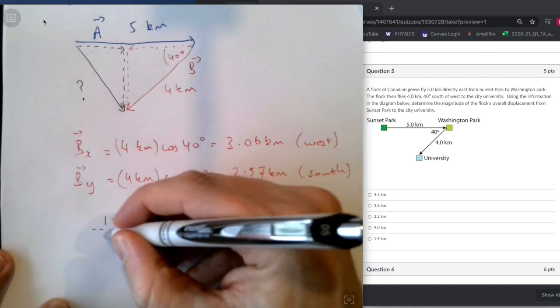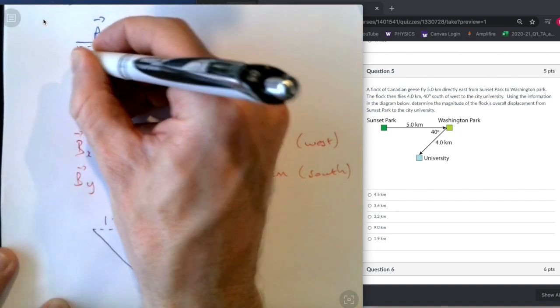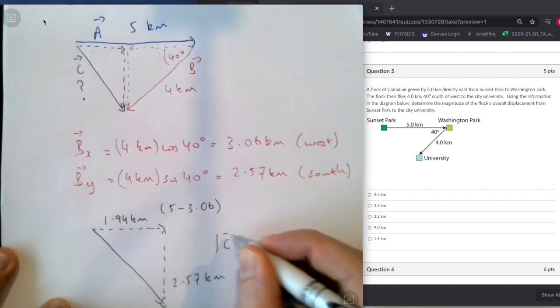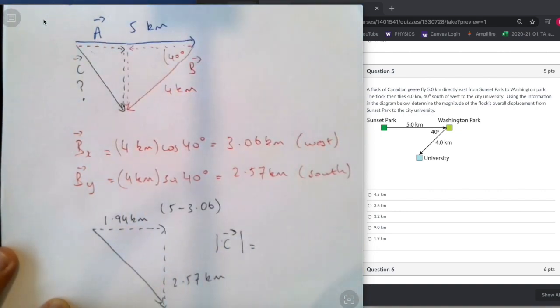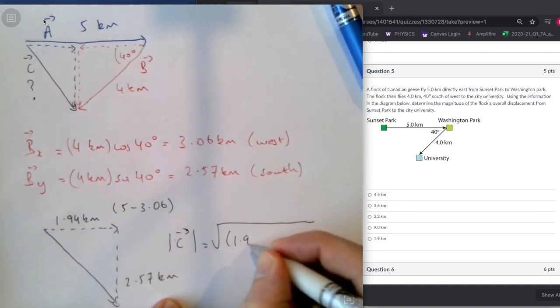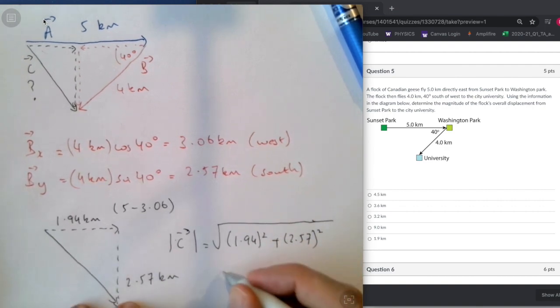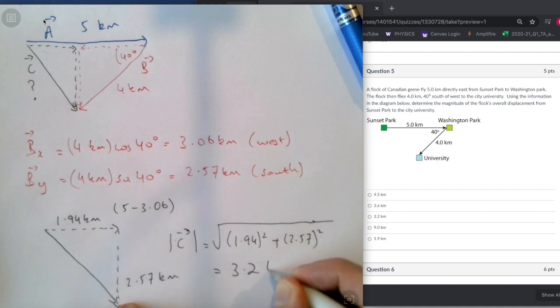And then to find the magnitude, I would do a Pythagorean sum. So let's call this vector C. So the magnitude of vector C would be equal to the square root of 1.94 squared plus 2.57 squared, both in km, and that gives the magnitude of 3.2 kilometers.